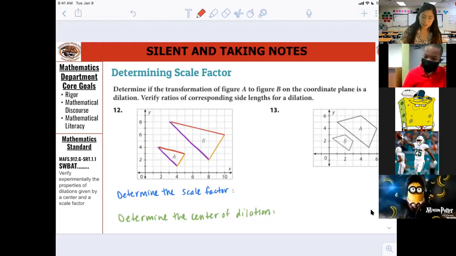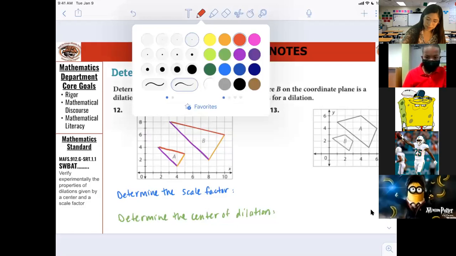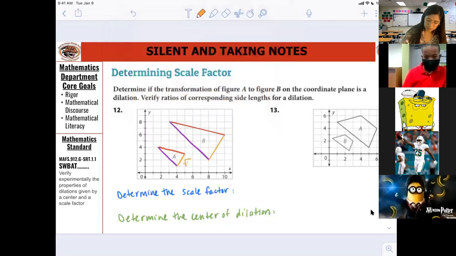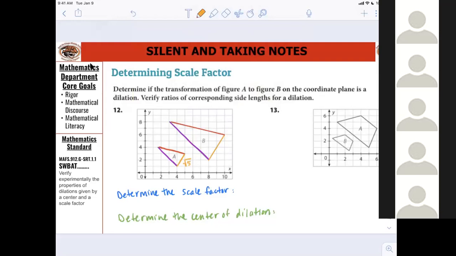All right, so orange, Janelle's got square root of 5. Good. Square root of 5. Anybody else? Anything different? Or any other side lengths?